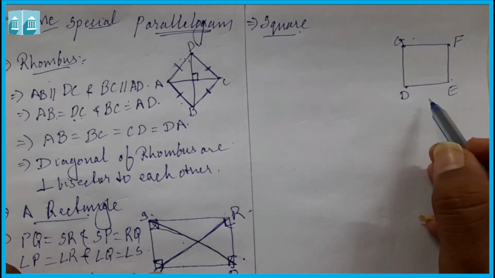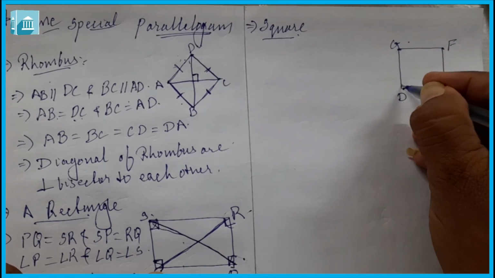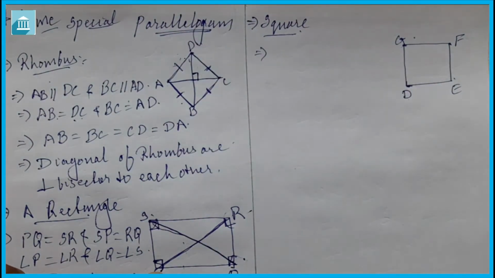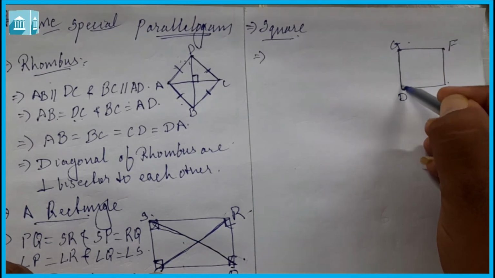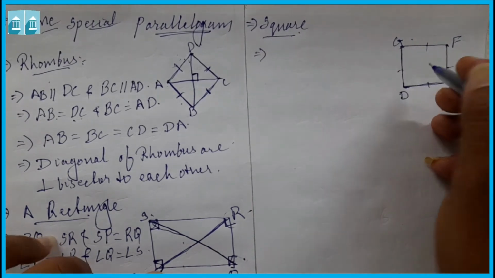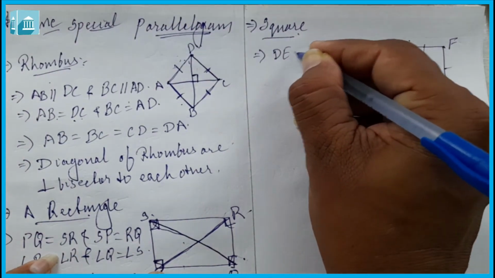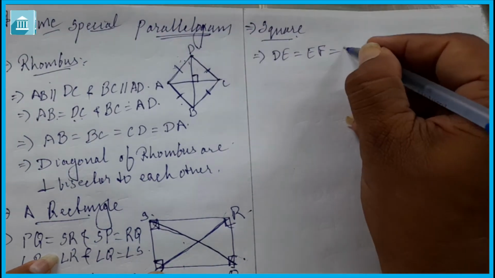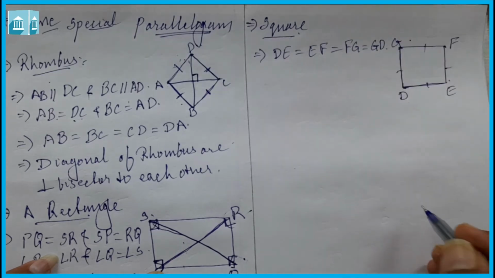It is a parallelogram, it is a rhombus and it is a rectangle also. So it is a parallelogram whose all the sides are equal. It means it is a rhombus also. We can say that DE is equal to EF is equal to FG is equal to GD.